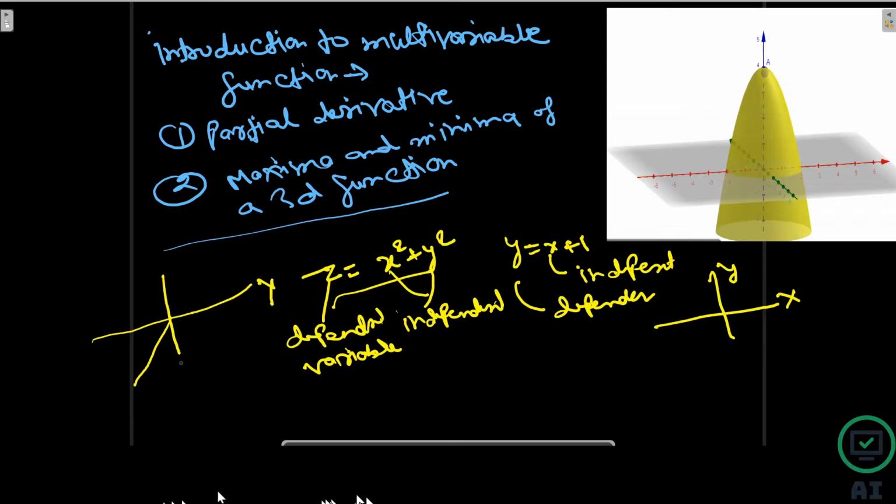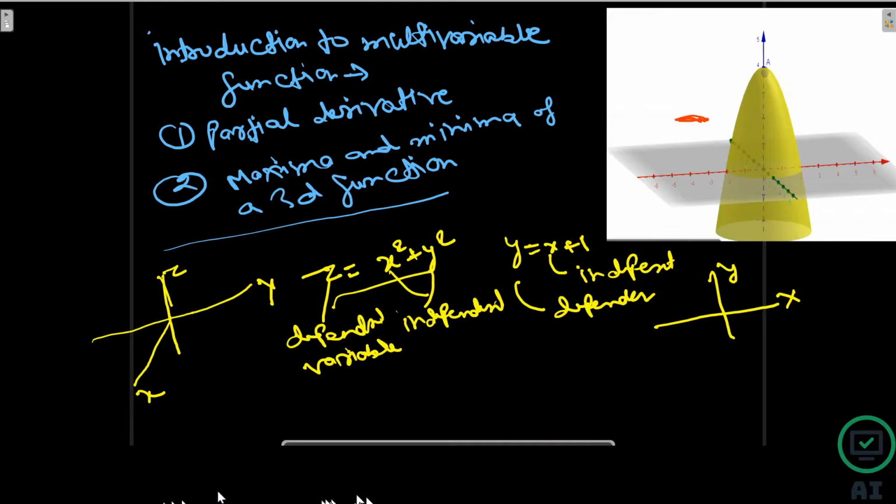One is the x-axis, one is the y-axis, and corresponding to the values of x and y, we will have a value on the z-axis. You can see this particular graph. I will show you the demo for this three-dimension graph.